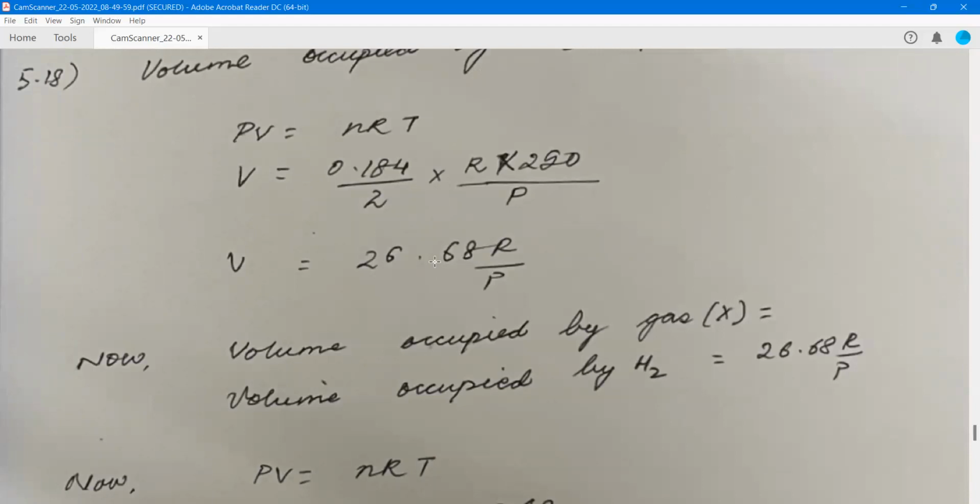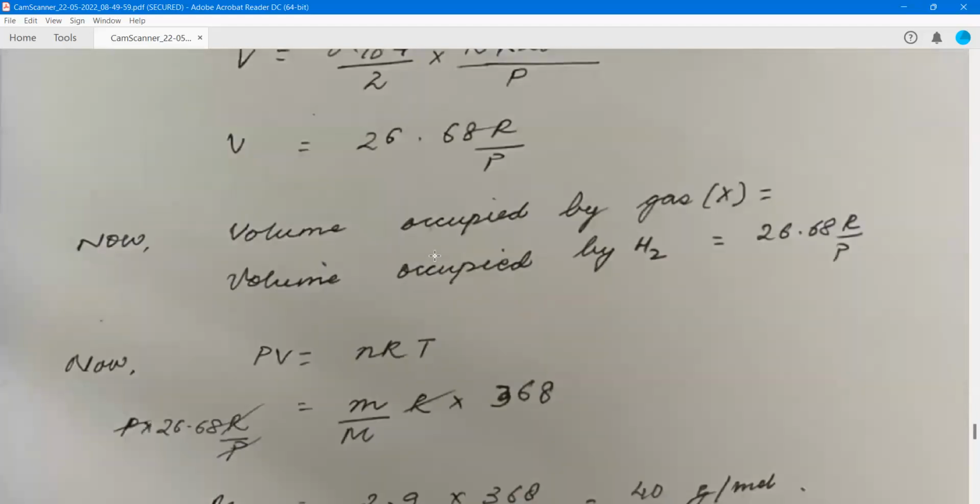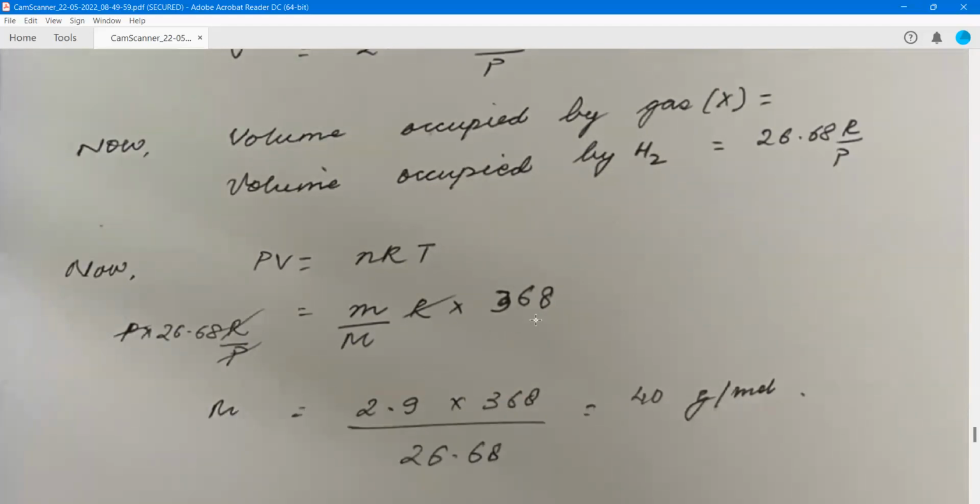Now the question has told that the volume occupied by gas X, for which you need to calculate the molecular mass, is equal to the volume occupied by hydrogen, that is 26.68 R upon P. So we put the values at the different temperature of 368 Kelvin, and substitute the number of moles as mass upon molecular weight, because the mass of the gas is also given.